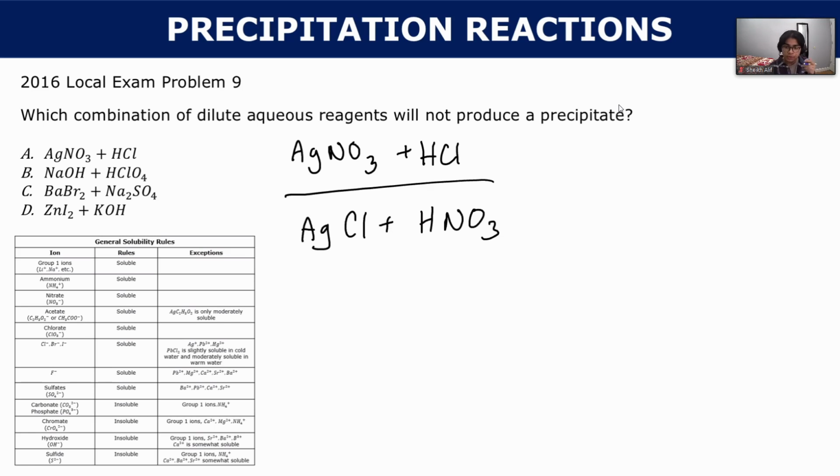And now we can use the solubility rules to see if we're going to form a precipitate. Right off the bat, chloride is always soluble unless it's with silver, lead, or mercury, and we have silver right here. So that means this AgCl is going to be a solid, and therefore we do produce a precipitate, meaning A can't be the right answer.